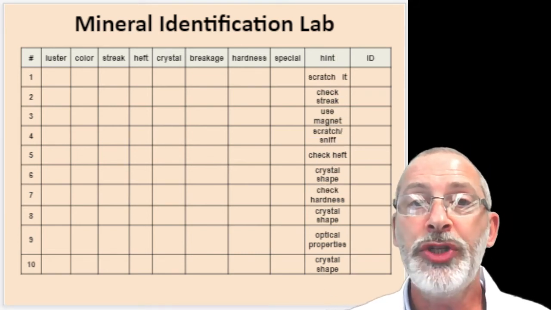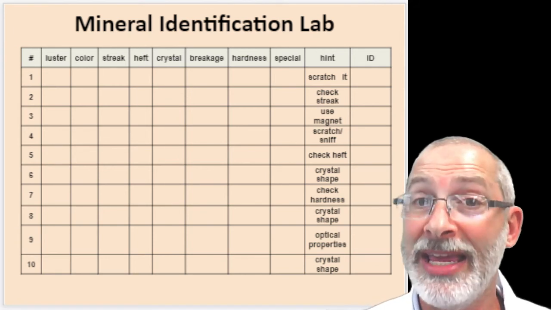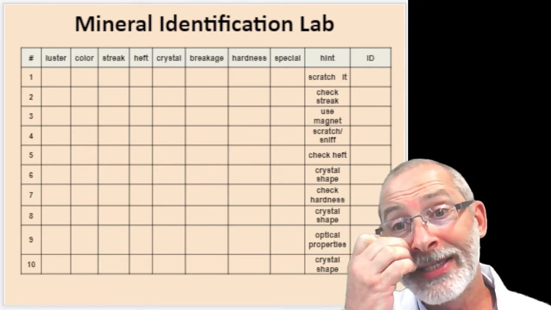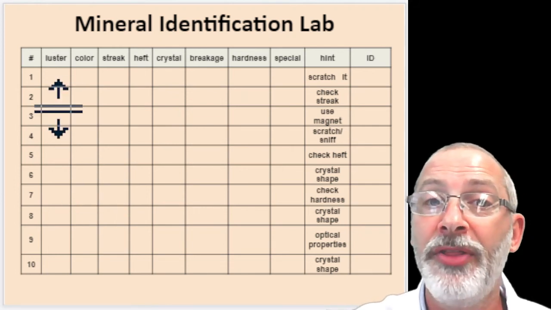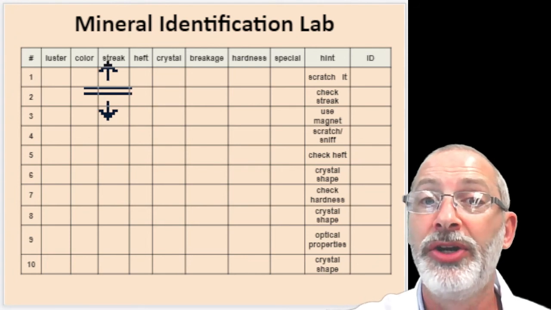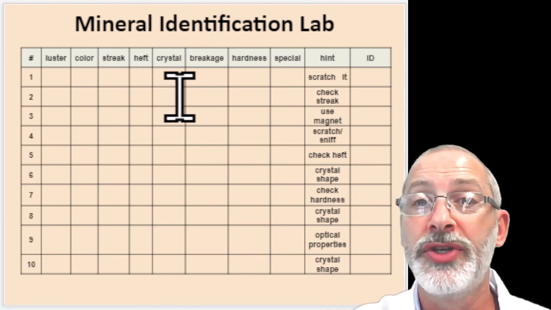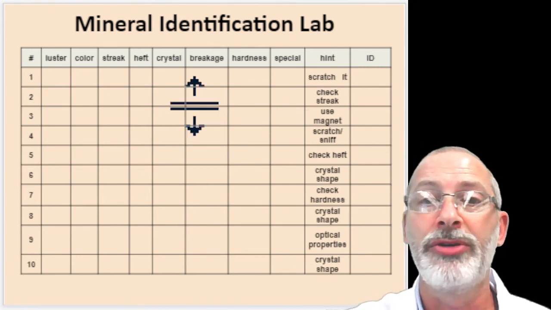So for each of the minerals, I'd like you to start with the hint. But utilizing that hint, you're then going to try and find some other characteristics, including the luster, the color, the streak, heft, crystal shape, breakage, hardness, any special characteristics.